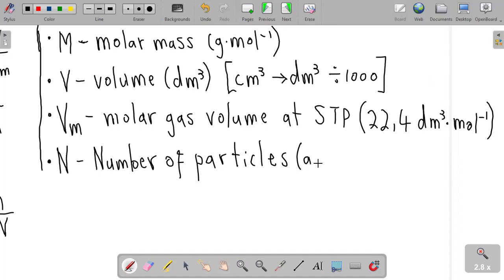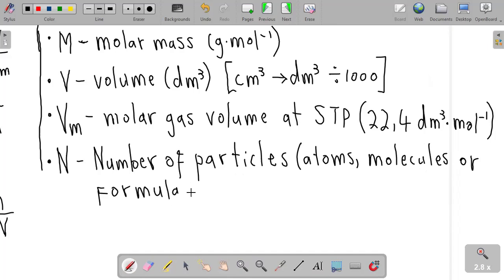Could be atoms, molecules, or formula units. So this is the number of particles that we're talking about.